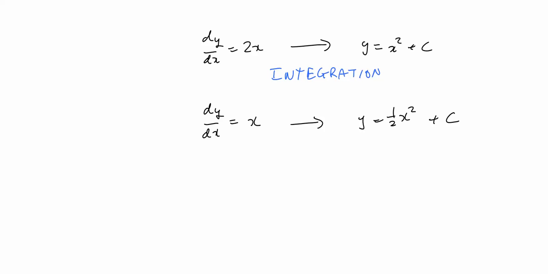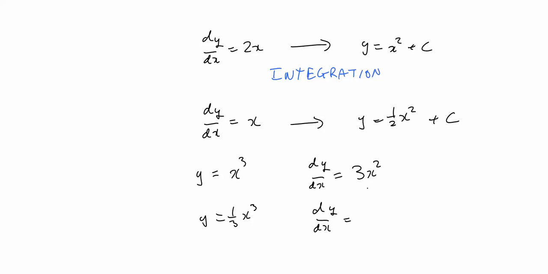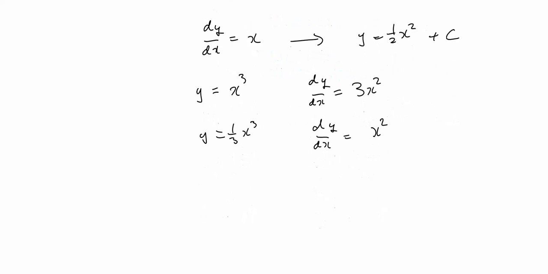So let's take some other powers of x. If y equals x cubed, dy by dx is 3x squared. This would mean that if y was a third x cubed, dy by dx would be x squared, by dividing by 3.